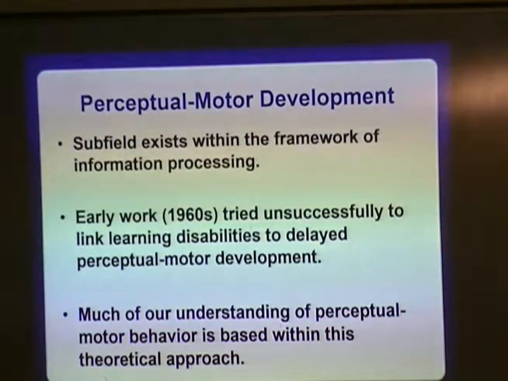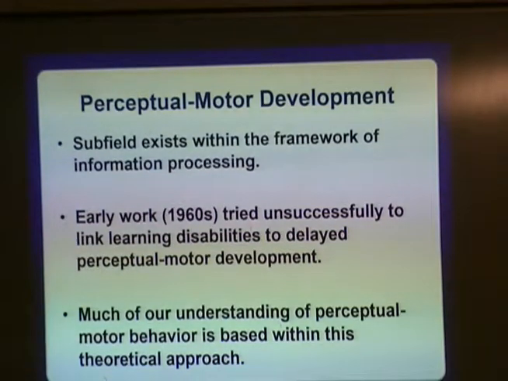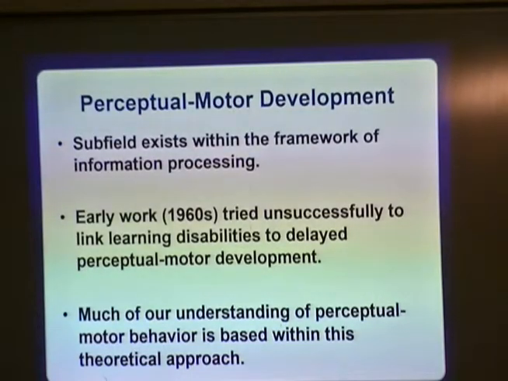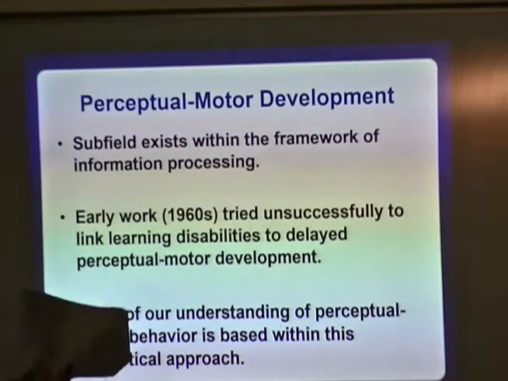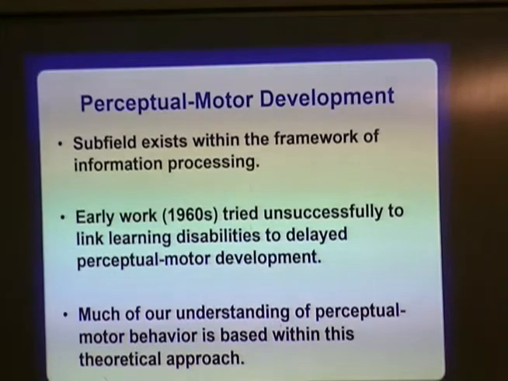most of the researchers were saying, okay, let's start looking at the development of sensory ability and perceptual ability. And then they were able to use the information processing perspective to start looking at the development of those abilities. How does how I see the ball impact what I do? Right?